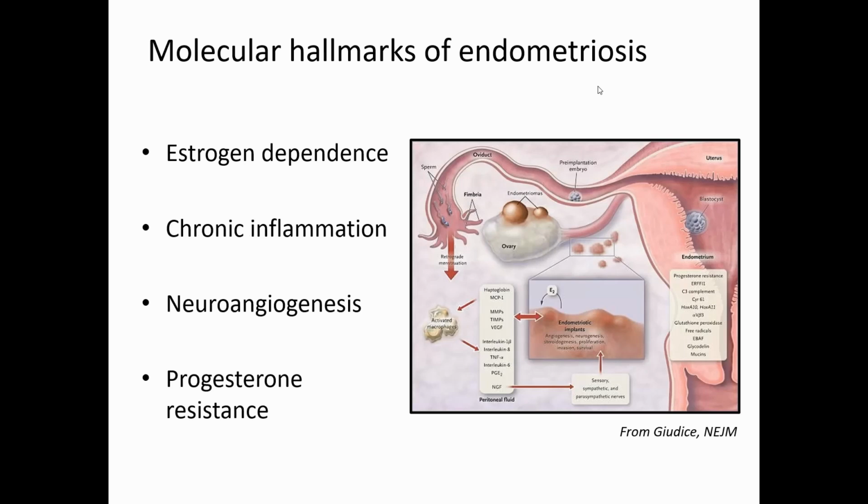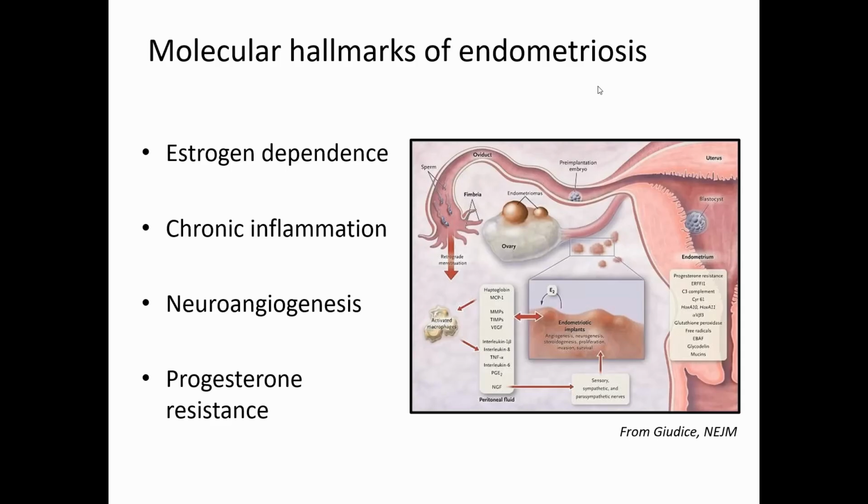I mentioned the molecular hallmarks of the condition, and we've covered some of them already, but to outline them as they are known currently, they include estrogen dependence. Endometriosis is a chronic inflammatory condition because the body does recognize these extrauterine endometrial implants as being incorrectly positioned and mounts inflammatory responses to the lesions on a month-to-month basis.